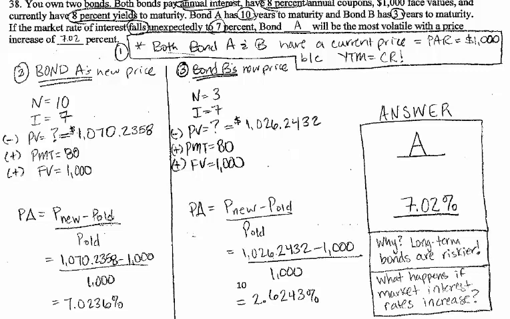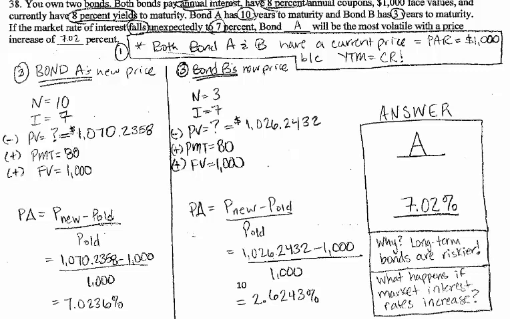Bond A has 10 years to maturity and Bond B has 3 years to maturity. Okay? So the only difference between these two bonds is their end value. If the market rates change, so I put falls here, but it could be increases. It's a good hint for the exam. Unexpectedly, so interest rates fall unexpectedly to 7%.